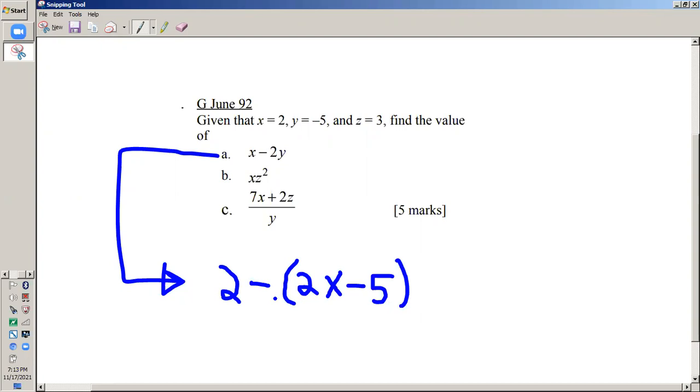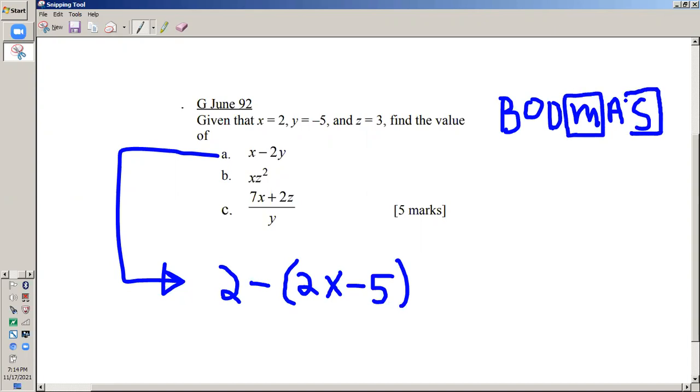Yes, sir. All right. Now, according to BODMAS, we have to multiply before we add or subtract. In other words, you can't say 2 subtract 2 is 0 and 0 times -5 is 0.